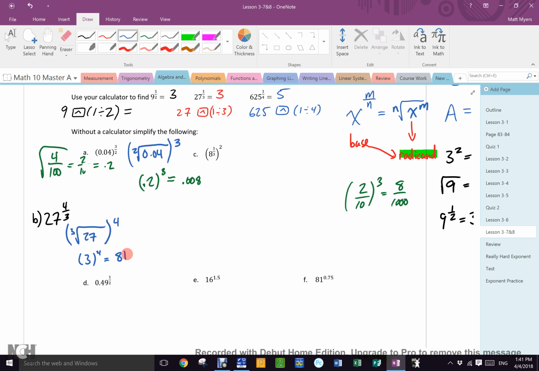What's different about C? There's an exponent and another exponent. And we just did a whole bunch of work on this. What do you do with exponents that go over brackets? When it wasn't a fraction, what did you do? If I had x to the 3rd to the 4th, what did you do? Multiplied. So what are you going to do here? Multiply.